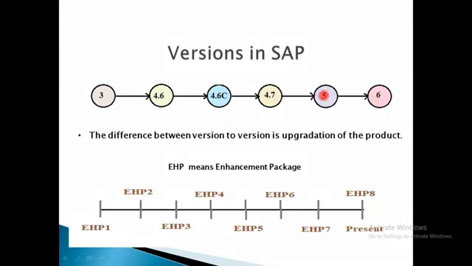Previous to this, 5. Previous to this, 4.7. Previous to this, 4.6c. Previous to this, 4.6, and like that, 3. These are all the versions in SAP. Take these versions. But the present version is 6.